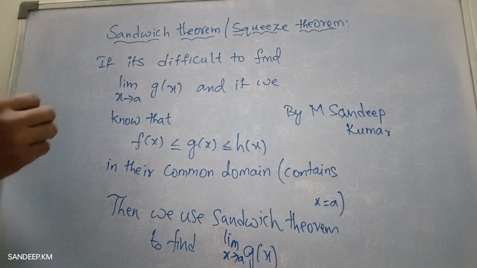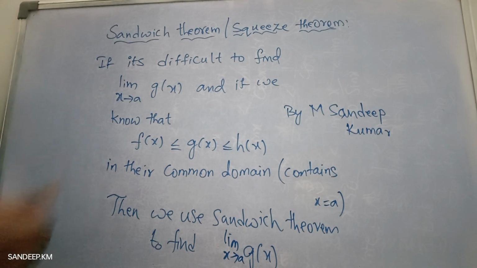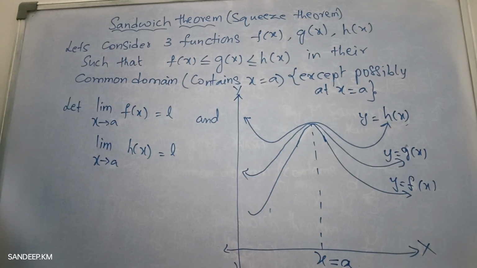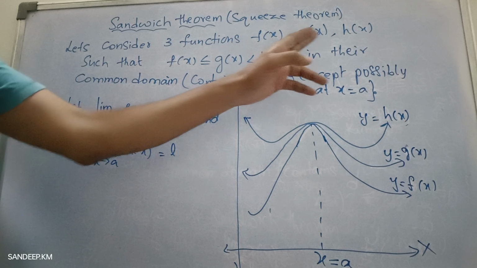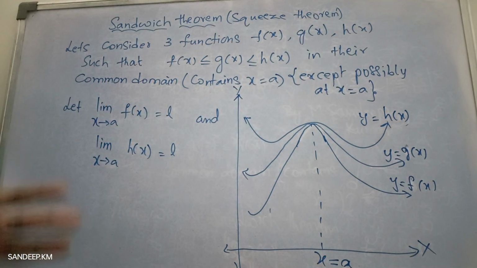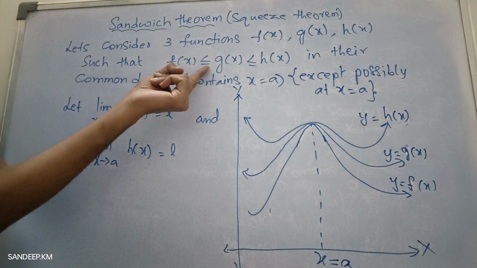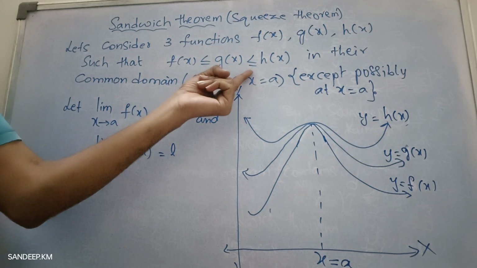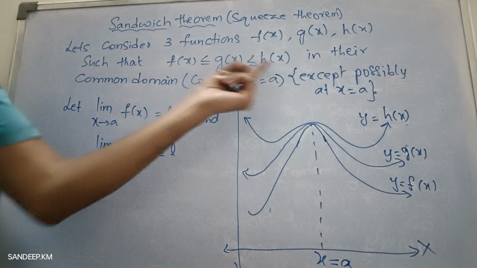So to understand this concept in detail, let us get into it. Let us see what Sandwich Theorem is, which is also called Squeeze Theorem. In Sandwich Theorem, let us consider three functions f of x, g of x and h of x, such that f of x is less than or equal to g of x, which is less than or equal to h of x in their common domain.